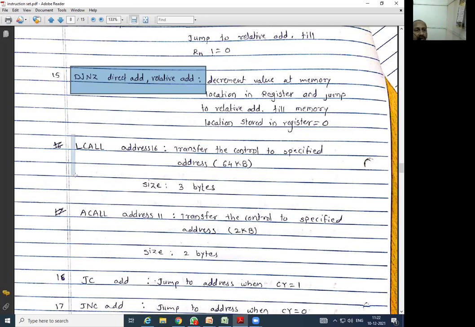Then the next one, that is LCALL address16. Again, unconditionally it is going to transfer the control. That is the program counter, because we know that the program counter PC is just checking the sequence of the main program. How many addresses are going to be used?